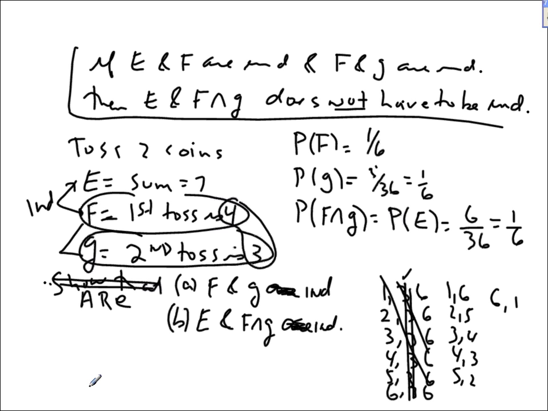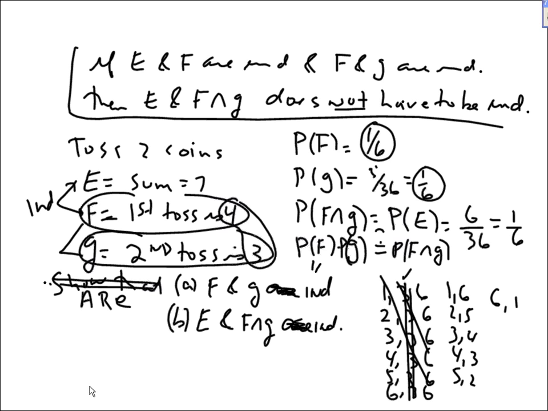Okay, so the first part, you multiply P of F times P of G. Does it equal P of F and G? Answer is no. A sixth times a sixth, does it equal a sixth?